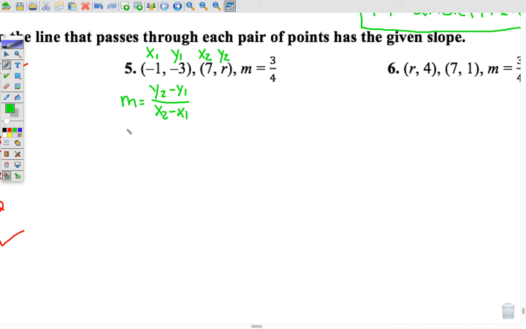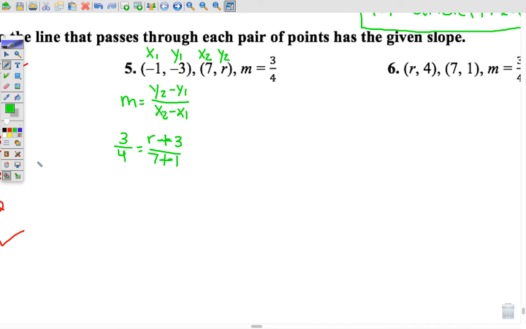My slope, my m, is 3 over 4. y2 is r, minus my y1 is a negative 3. Remember, when you have a minus and a negative, it becomes a positive. x2 is 7, minus x1 is a negative 1. Again, you have a minus and a negative, it becomes a positive.